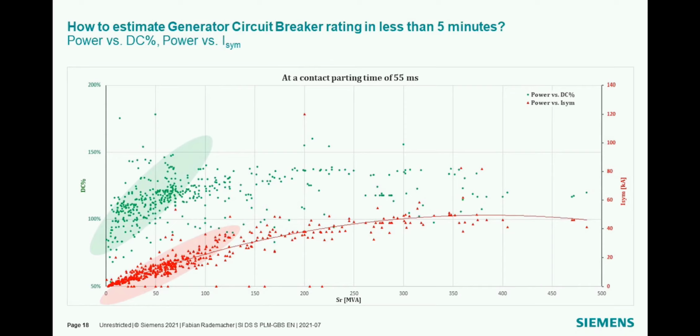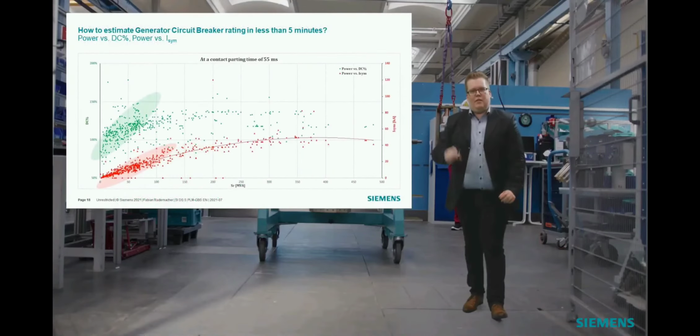Up to 100 MVA, we need a symmetrical breaking current for a generator source short circuit current up to 20, 25, 30 kiloamps. And then it will slightly increase to a value of up to 50 kiloamps. But again, we can give you a perfect solution for your needs.